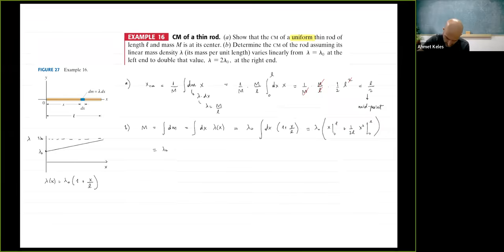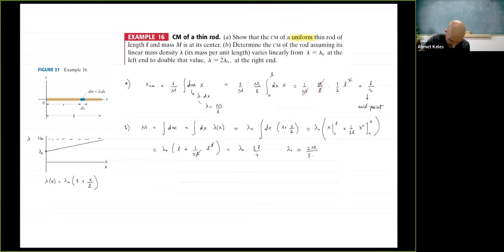Lambda 0 times L plus 1 over 2L times L squared. And cancel this with that. I found something like lambda 0 times L plus L over 2, which is 3L over 2. Then lambda 0 should be equal to 2m divided by 3L.